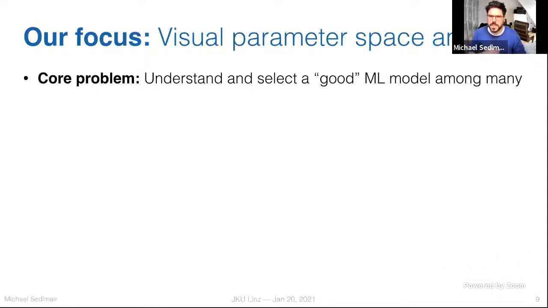We always have been more on the front of trying to understand ensembles of models. A very typical task here would be model selection, so selecting a good machine learning model among many models that you train.